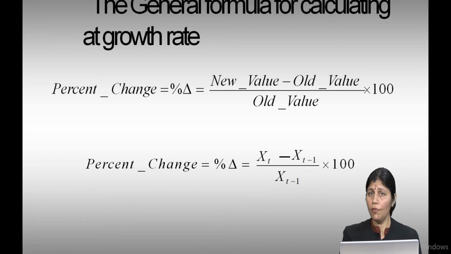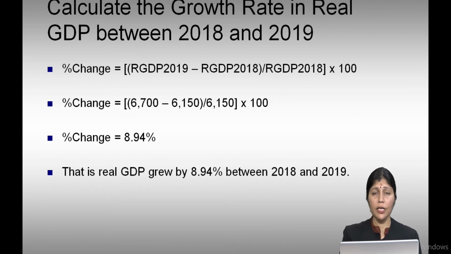So, what is the new value we have calculated? The new value we have calculated is the real GDP 2019 and the old value is real GDP 2018, divided by old value, that is real GDP 2018, multiplied by 100, because we want to get the answer in percentage.